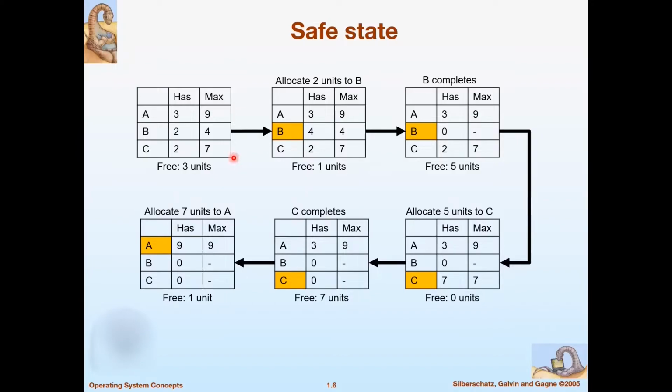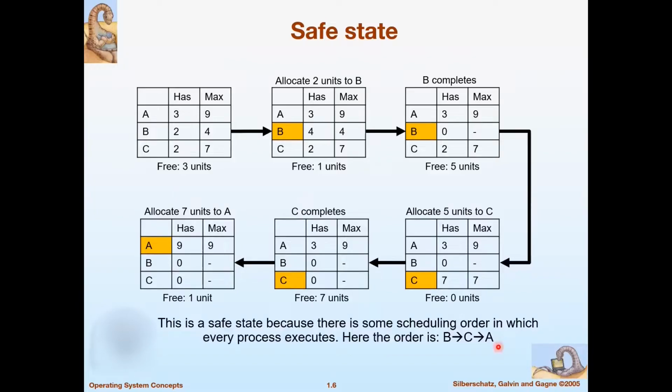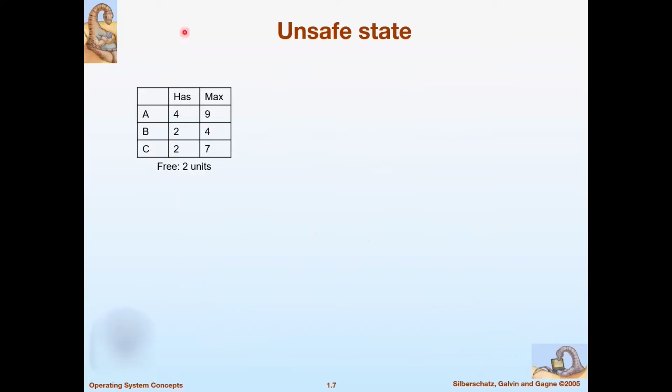We call such a state a safe state. So the scheduling order in which every process executes is: first B, then C, and after that A.